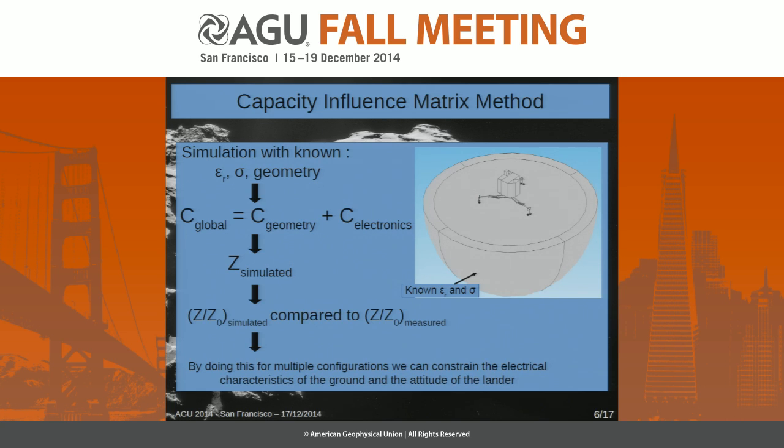We then add the capacity matrix of the electronics, which takes into account the influence of the electronics. We get a global capacity matrix. From that global capacity matrix, we have a simulated mutual impedance of the system. And then we are able to compare the simulated normalized mutual impedance to the measured one. We do this for multiple configurations of the ground and of the position of the lander, and with that we can constrain these values and the attitude of the lander.